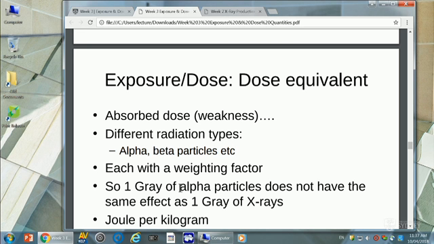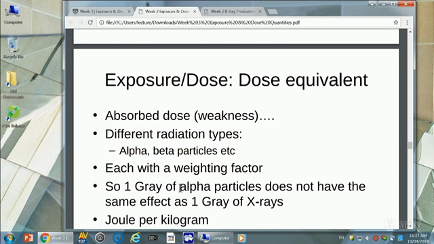So what we've got is, if you've got a volume of tissue, say a patient, an X-ray comes in, or several X-rays come in, it might deposit a little bit here, and some of the X-ray might escape at the end. If this is an alpha particle, it comes in, but everything is deposited here, having a massive effect on the body.